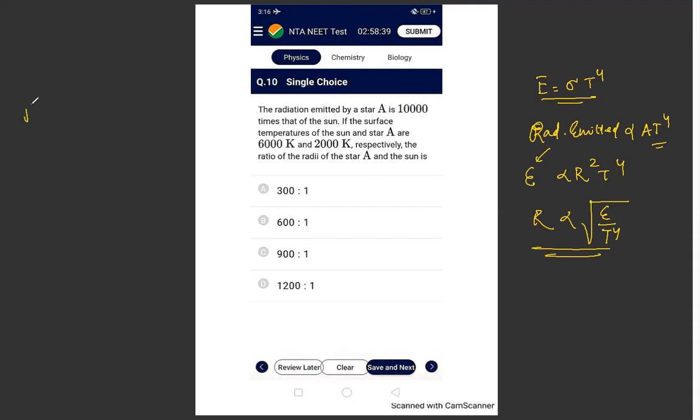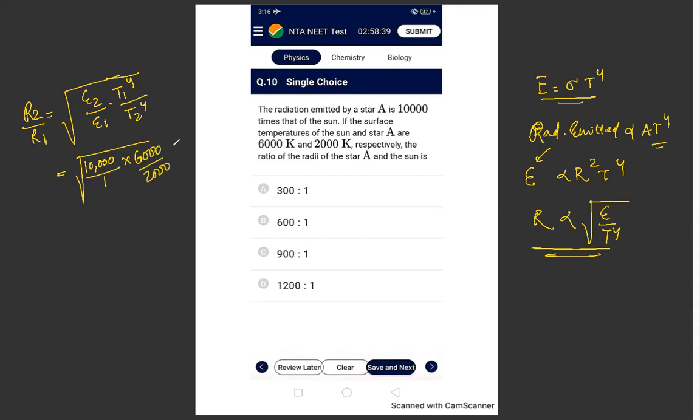So let's find it out. R2 by R1 is equal to square root of E2 by E1 into T1 to the power 4 by T2 to the power 4, that is equal to E2 is 10,000 divided by 1, for the black body, T1 to the power 4 by T2 to the power 4, that is 6,000 by 2,000 to the power 4.